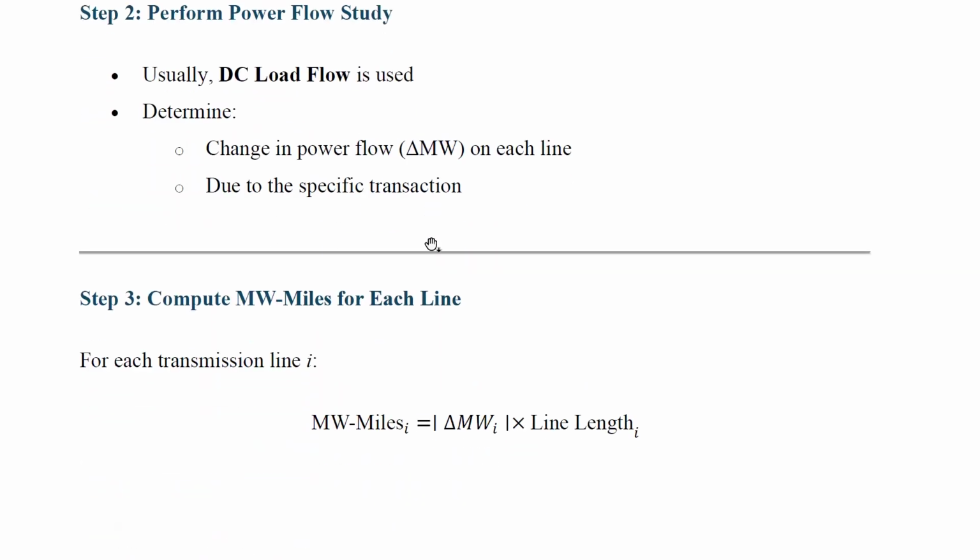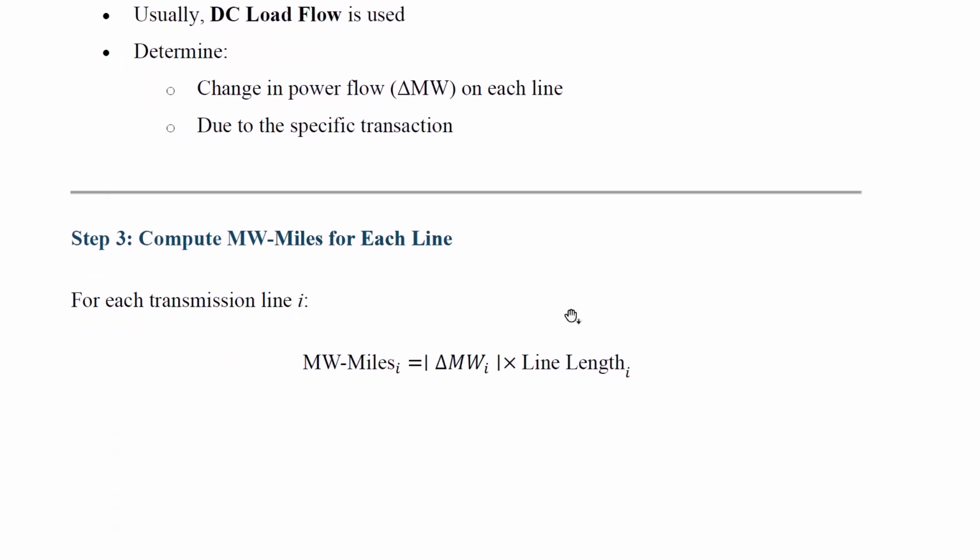Now we compute the megawatt miles for each line. For each transmission line i, the megawatt miles of i is equal to the change in megawatt of i times the line length of i.